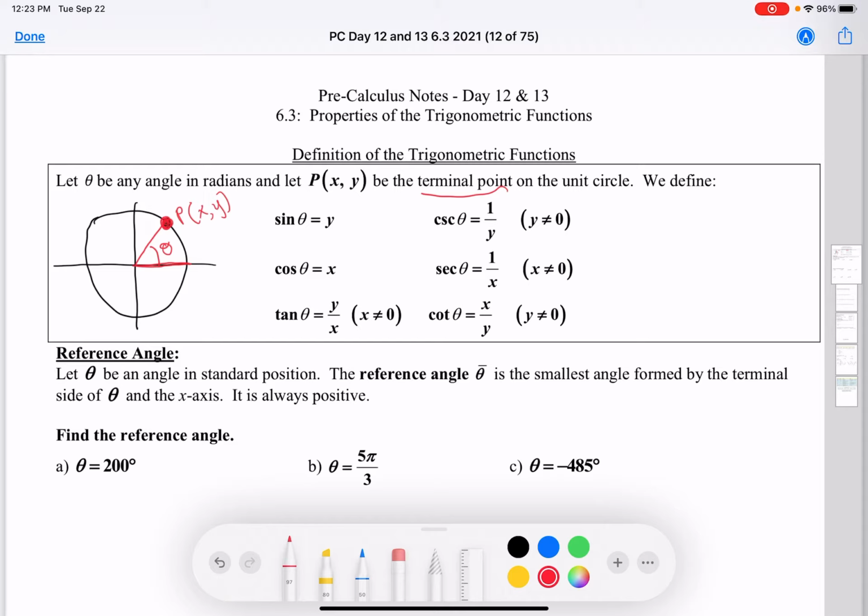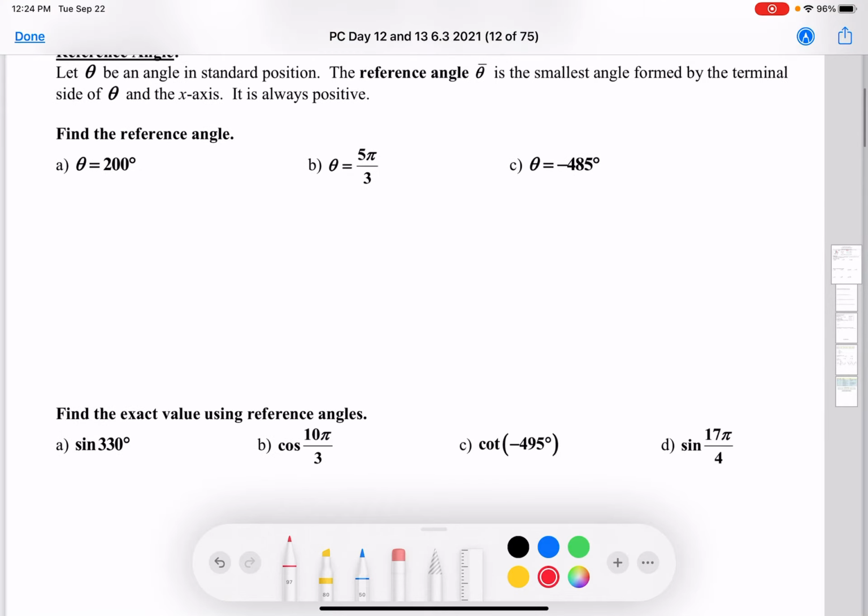Remember, technically if there's not a denominator, they're just over 1. So notice that cosecant was just sine flipped around. Instead of y over 1, cosecant is 1 over y. Secant is 1 over x, and then notice cotangent is tangent flipped around, the reciprocal.